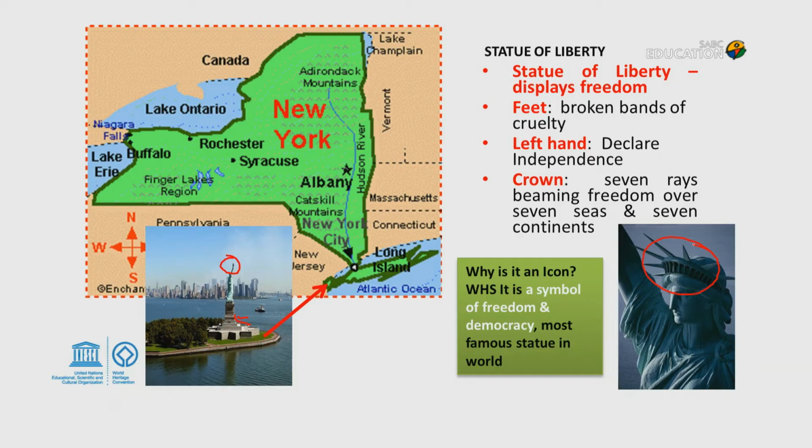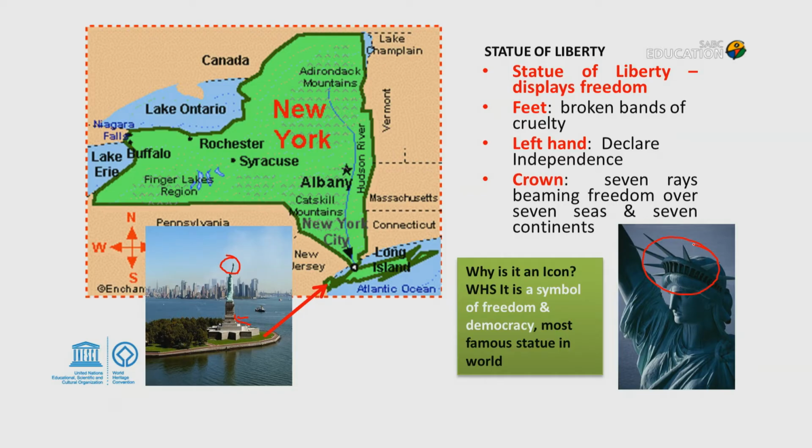When you see this statue, it has got this strong background and characteristic that the people of this country are attached to. This is why it was identified as an icon. Why is it an icon? A symbol of freedom and democracy.